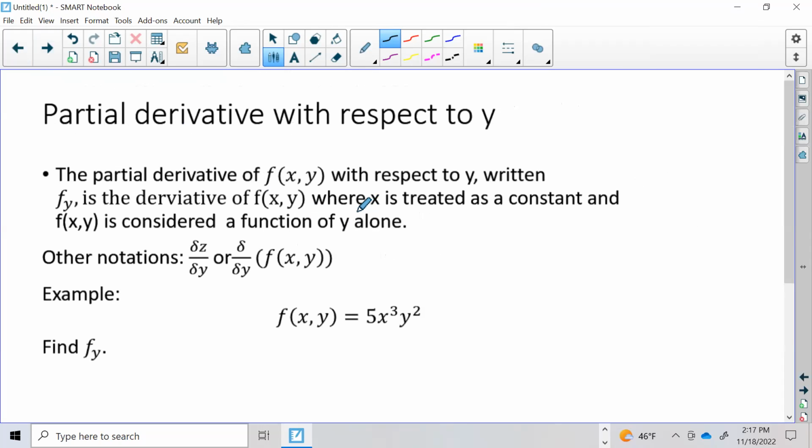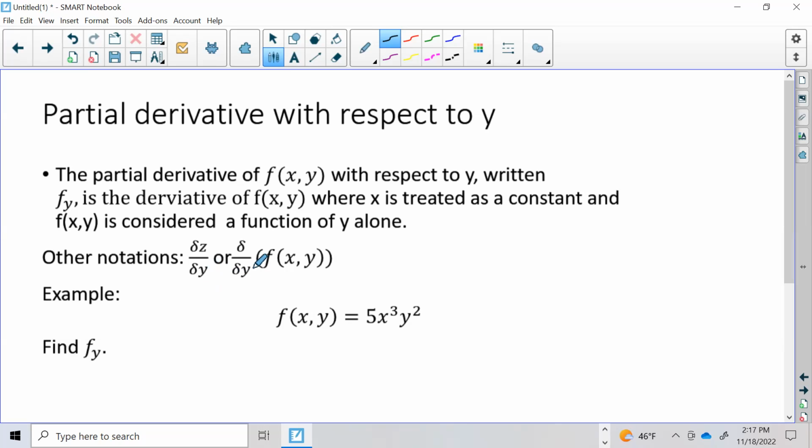Now we can do the same thing for the partial derivative with respect to y. So if we have the partial derivative of f of x, y with respect to y, we write it as f with a sub y. And that's the derivative of f of x, y, where x is now treated as a constant, and f of x, y is considered a function of y alone. And again, we have other notations.